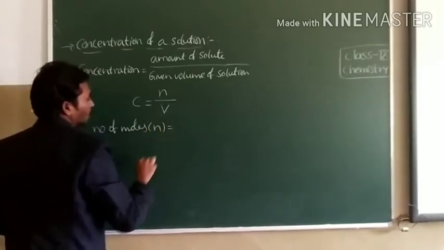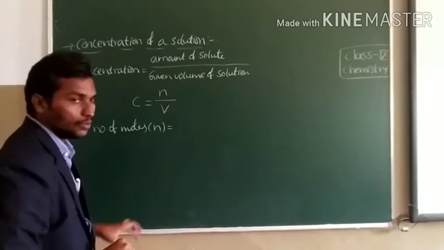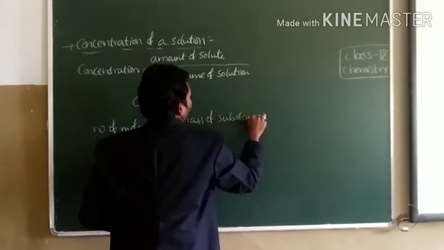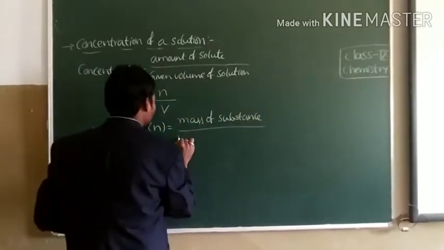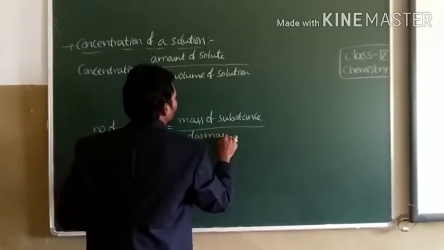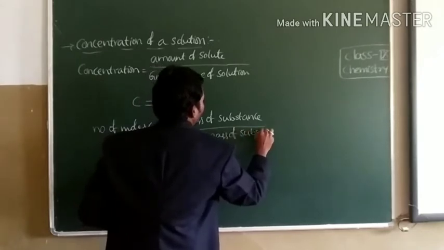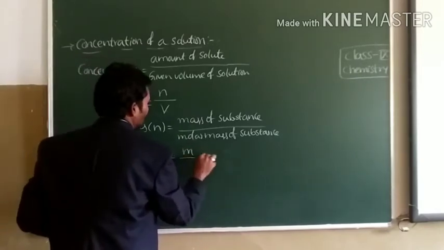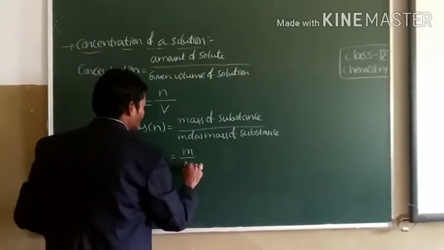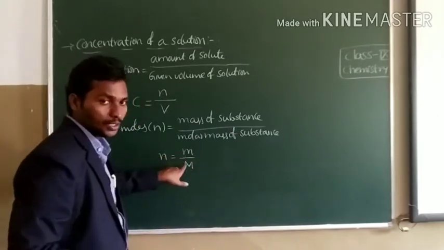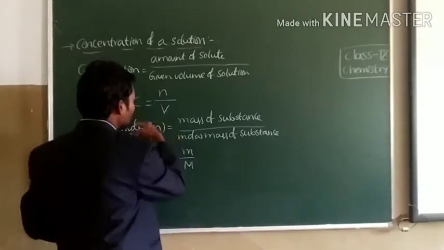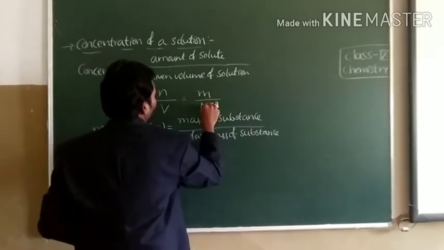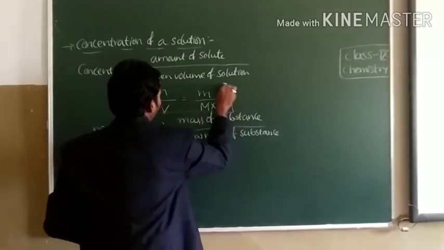The number of moles n is the ratio of the mass of the substance over the molar mass of the substance. The mass of the substance is denoted by small m and the molar mass of the substance is capital M. So n is equal to m by M. Then concentration C is equal to n by V. In place of n you can substitute m by M, so C is equal to m over M times V. This is the formula of concentration.